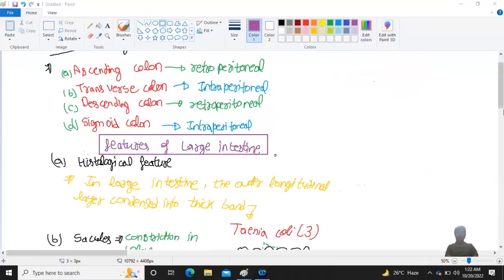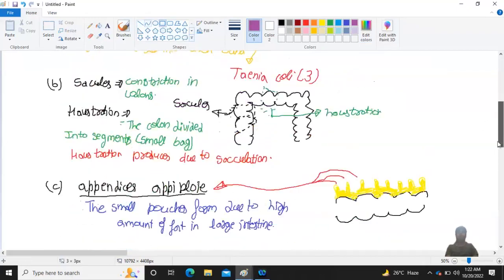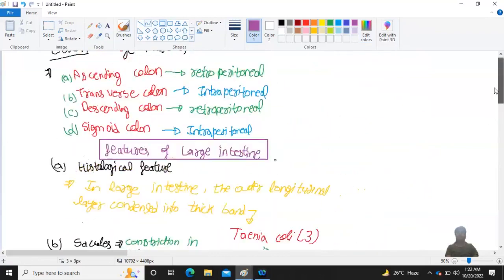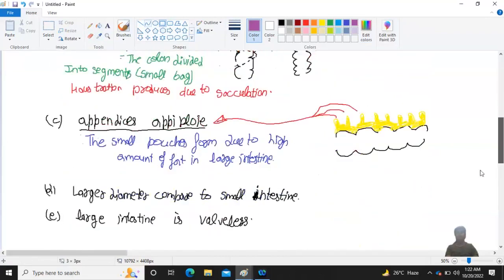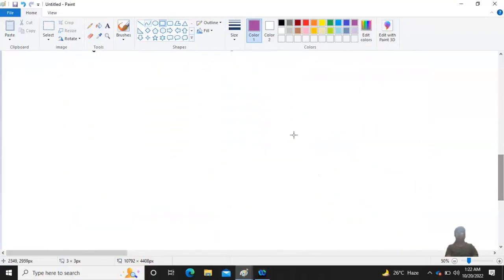So now we are continuing with the blood supply of the intestine. Basically, these are the features. Then the colon: now we continue to the blood supply of the colon.